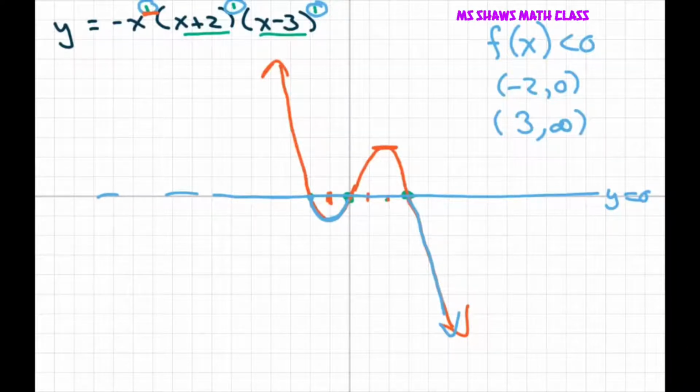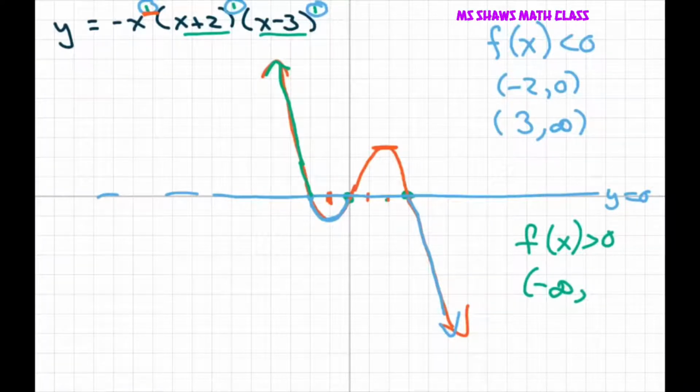Now, where is my y, or f of x, positive? Well, that's going to be right in here. y is positive, or above this line, from negative infinity to negative 2, and it's also positive right here, and that's from 0 to 3.